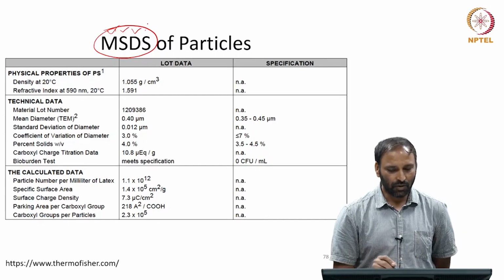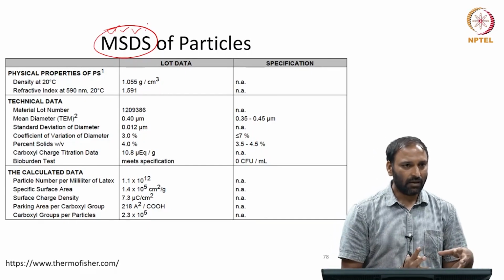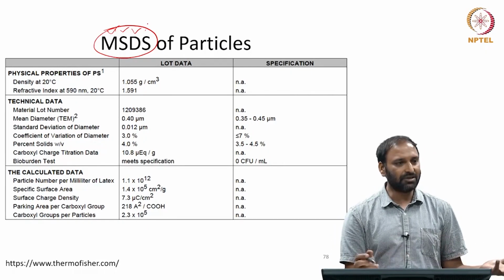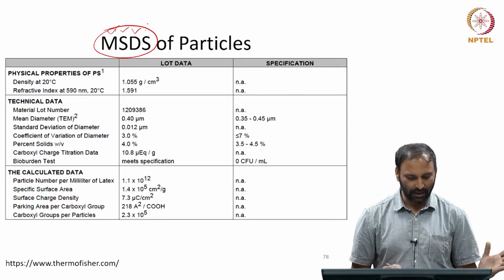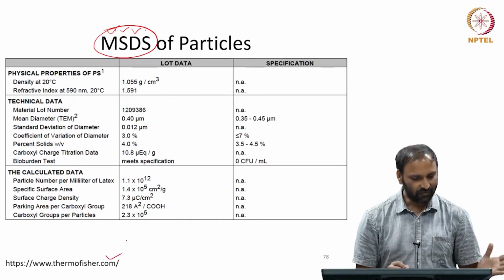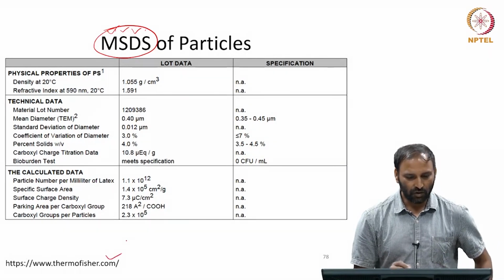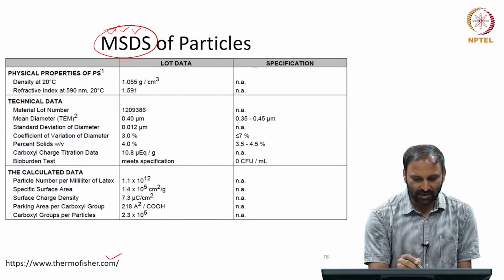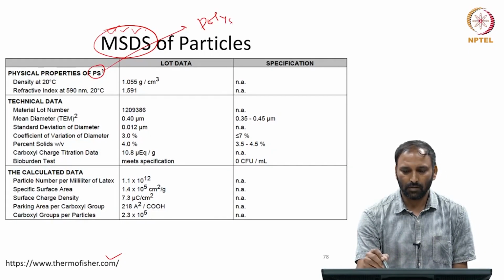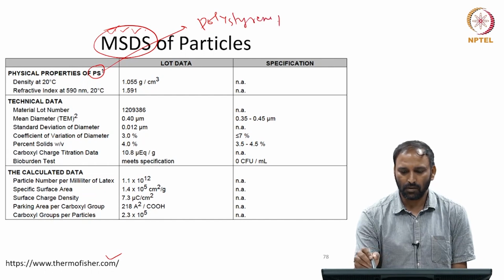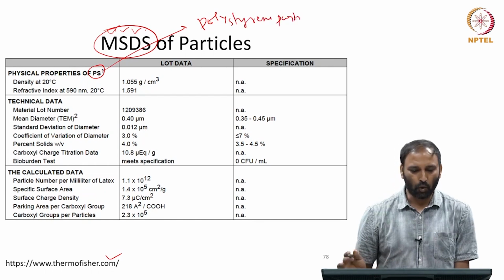Like for any chemical, there is also a data sheet for particles. This is a typical data sheet, which I have taken from a website. It is actually for PS, polystyrene particles. Let us look at what they give.